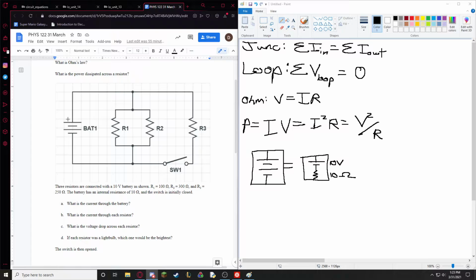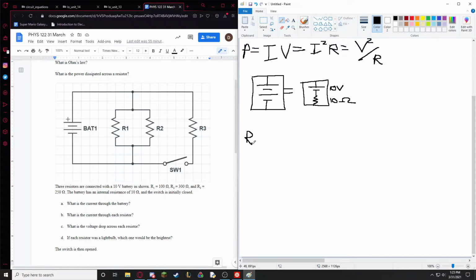Well, we know that between R3 and the middle path, that's in parallel. So we'd use the parallel equation for R3: 1 over R3 plus, in parentheses, that little section that we're just going to deal with on the inside of those parentheses.